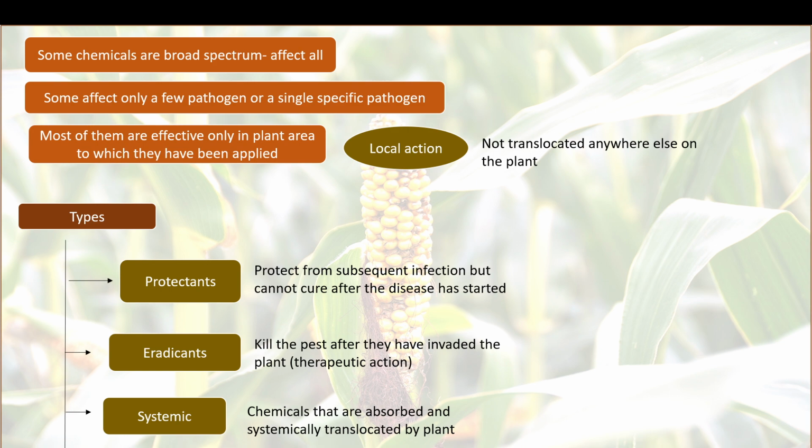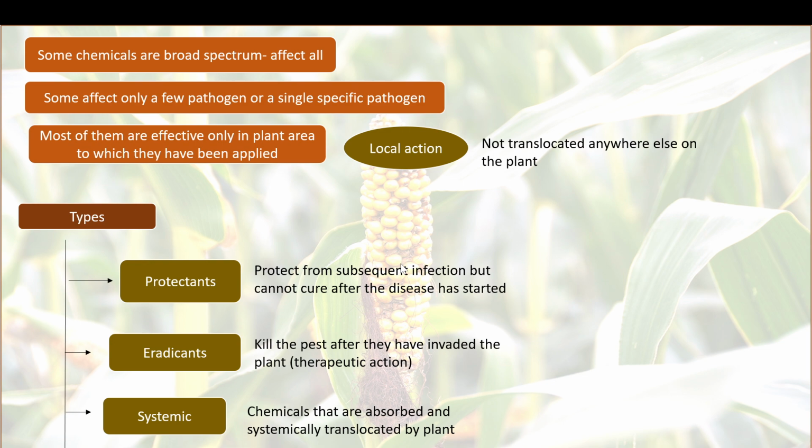A simple explanation is that if the thief has entered your house, the protectant cannot help. But if the thief is standing outside and you use a protectant, at that time it will help. It will help against subsequent infection.